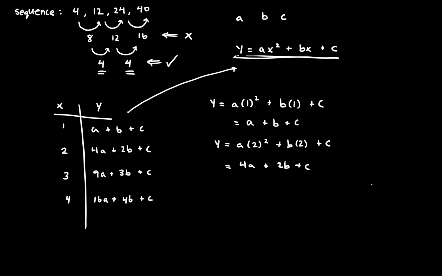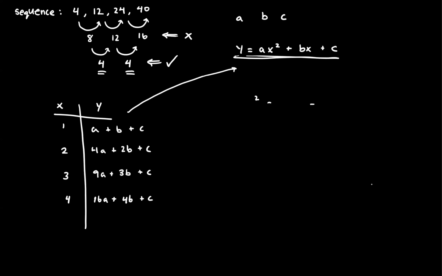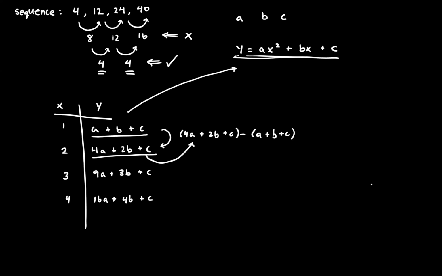And now let's take a look at the first difference for this sequence. I'm just going to erase these for the sake of space. If we look at the first differences, if we take 4a plus 2b plus c and subtract a plus b plus c, we're taking term 2 and subtracting term 1, the same way that we would with these first differences up here, except we're using algebra this time.